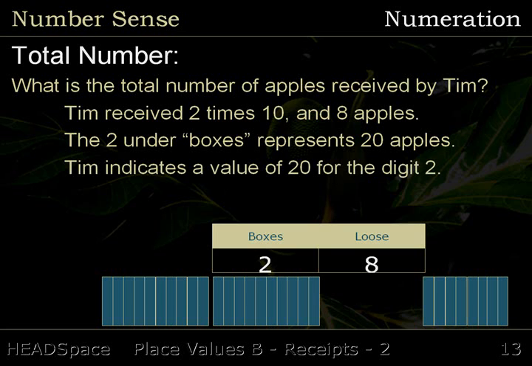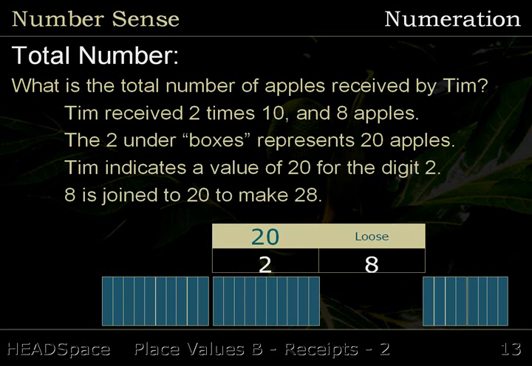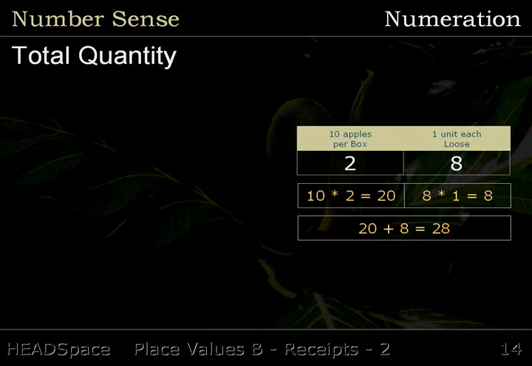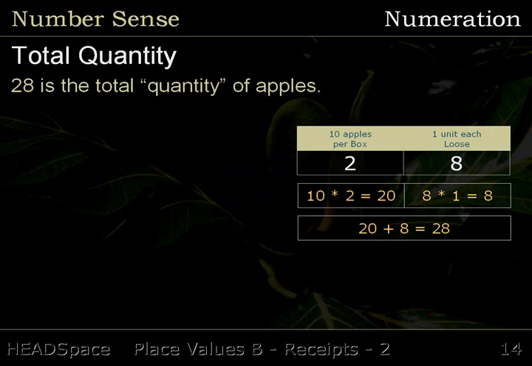Tim indicates a value of 20 for the digit 2. 8 is joined to 20 to make 28. 28 is the total quantity of apples.